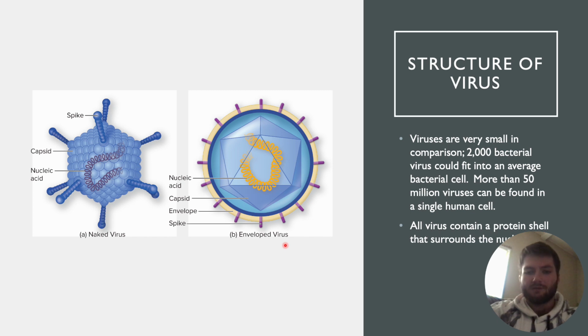So 2,000 viruses could fit into one bacterial cell, and more than 50 million viruses could fit in a single human cell. All viruses contain the protein shell that surrounds the nucleic acid. Like I said, I thought this was a good reference for what we're talking about. We'll move on to the next slide here.